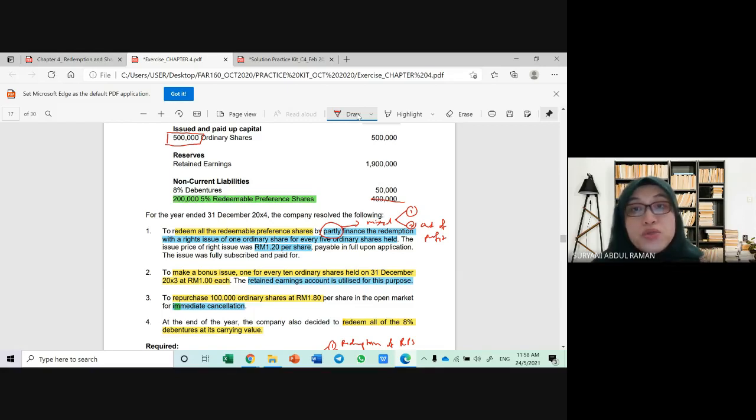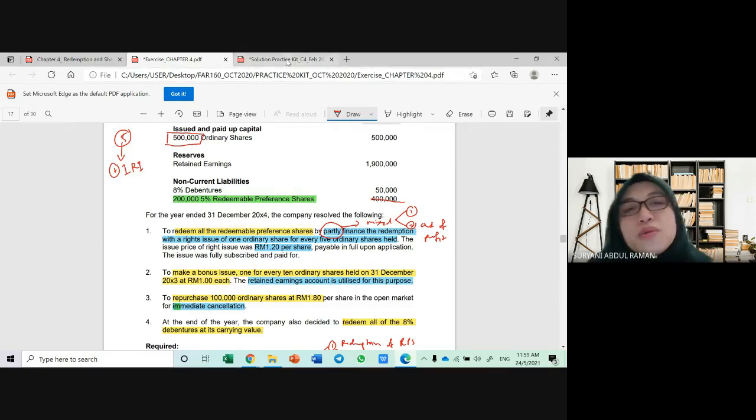So what you need to do is find the portion of right issue from it. It is said that for every 5 shares that you have, you will get a right issue of 1 share. So if you have 500,000, you have to divide by 5 to get the amount of right issue.